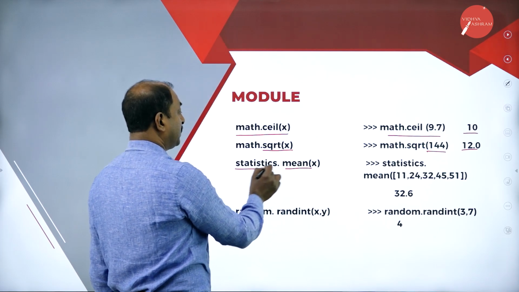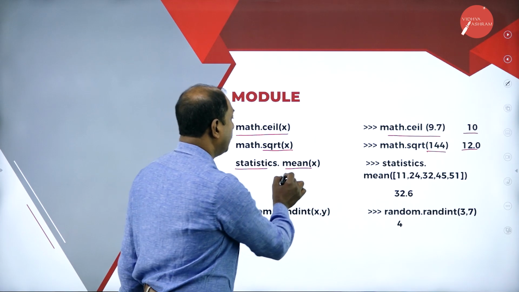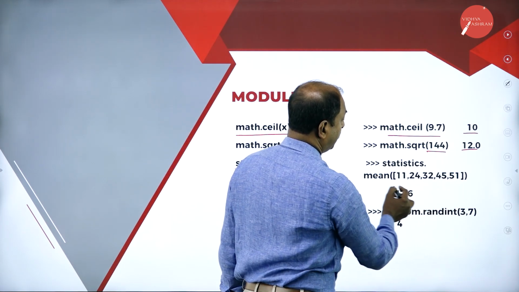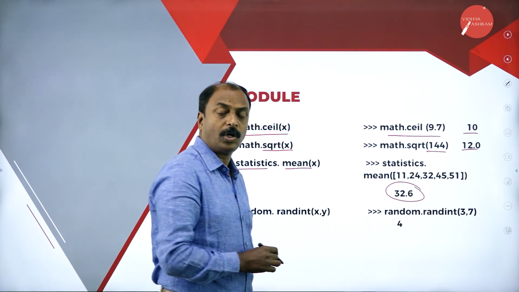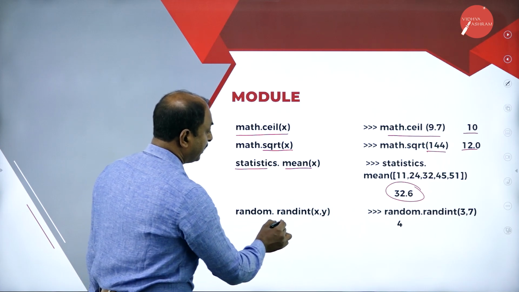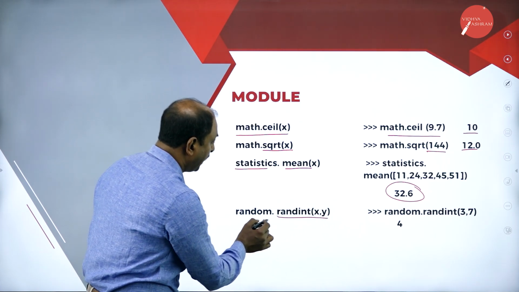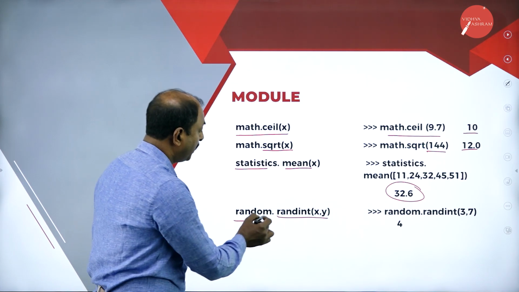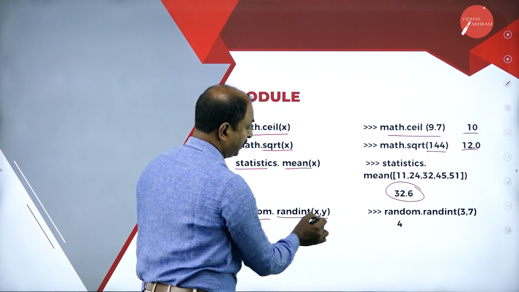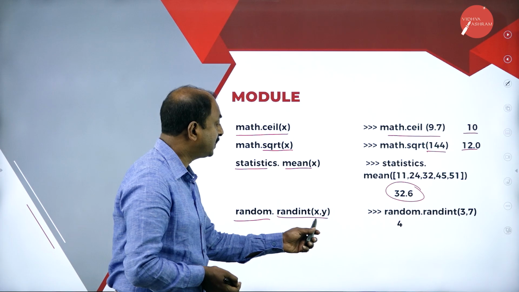Similarly, statistics.mean. Here statistics is the name of a module and one of the functions under it is mean. So mean of x results in the average value of the elements in the list. Similarly, random.randint(x, y). Here random is the name of a module, dot is an operator, and randint means we are going to generate a random number between x and y.